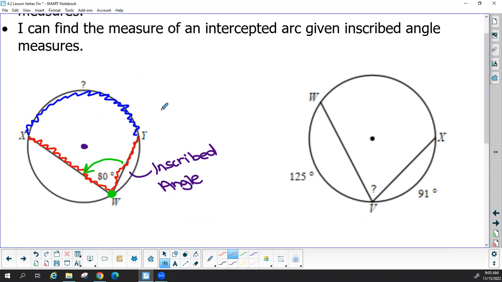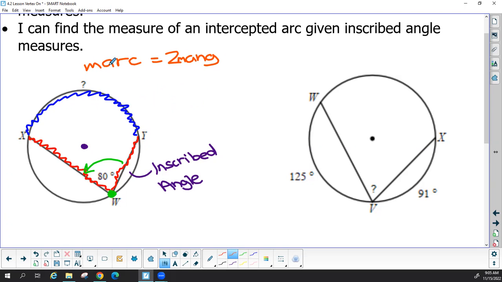And so the relationship here is that our arc is equal to 2 times the angle. And if you want to say arc measure or angle measure, that's fine. Or you can say M arc, M angle, whatever works best for you.